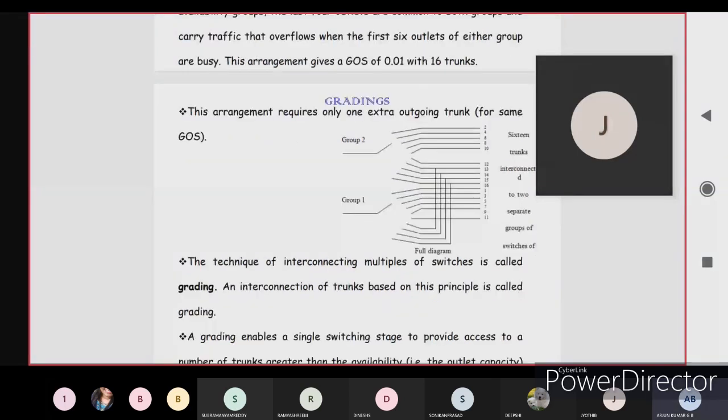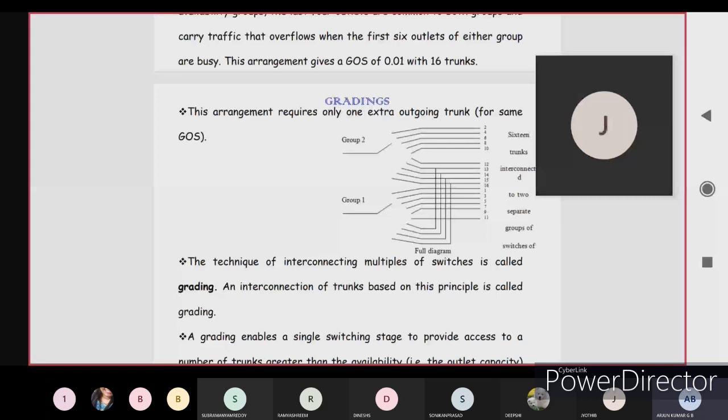Then the availability of trunk lines. The number of trunks N is equal to 2S plus C. Therefore, S is equal to N minus K. S is equal to singles, so you can calculate the singles now.